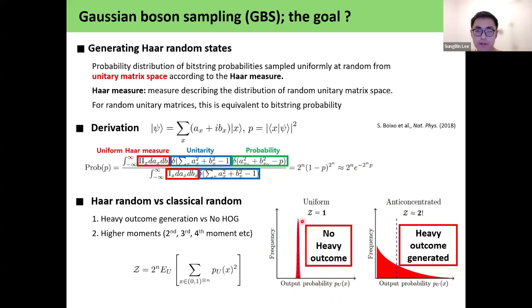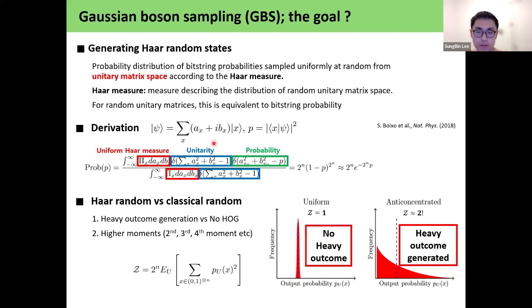So if you think of classical random states, if there are 2 to the n possible outcomes for the classical random states from 0, 0, 0 to 1, 1, 1, then measuring a single outcome in a certain bit string would have a probability of 2 to the minus n, because there's no reason to prefer any certain state over the others. That's different for the Haar random state.